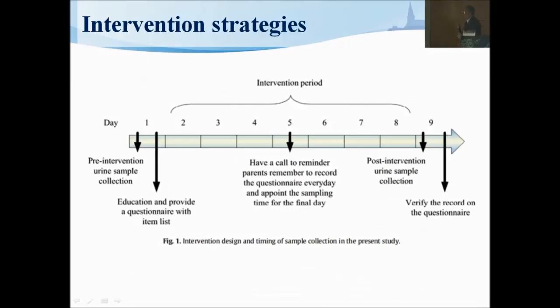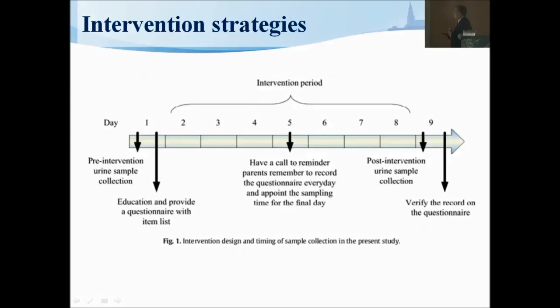And this is the intervention period, just 1 week. On day 1, this is the pre-intervention stage. We collected the pre-intervention urine sample on day 1, and educated the parents and provided a questionnaire with the item list.